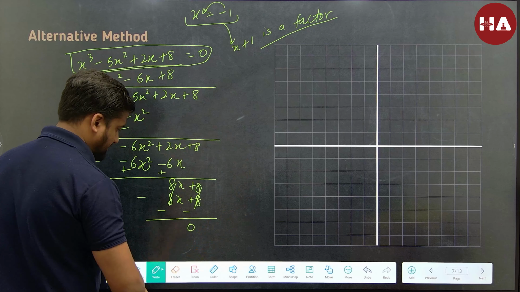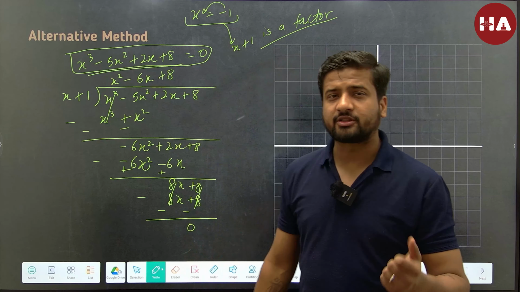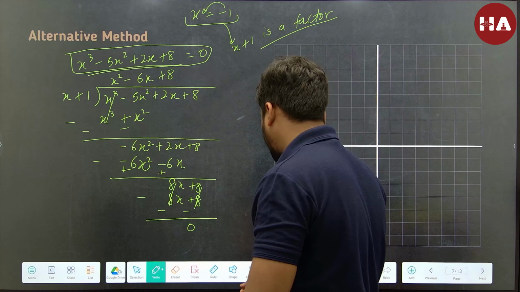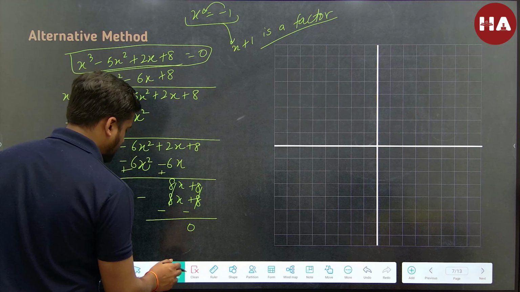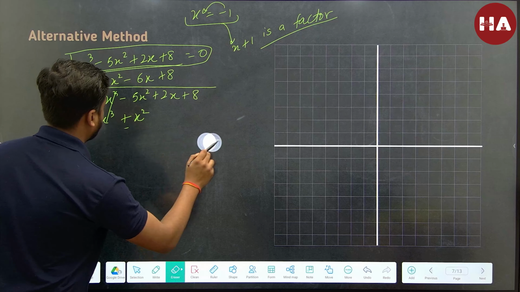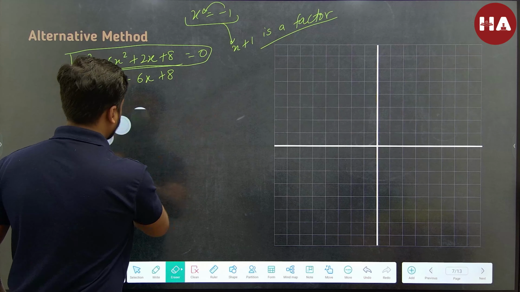So what do I get as my factor? Just note it down, then I'll erase it to solve this further. All right, pause the video and note it down, and I'm erasing it for now. I'll just leave my quotient.